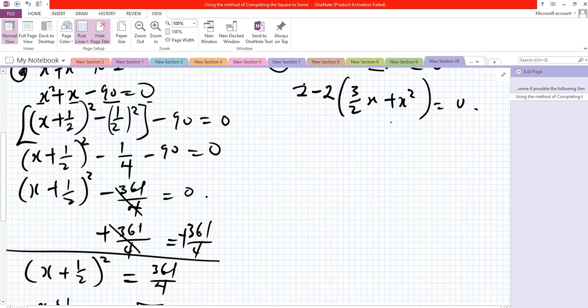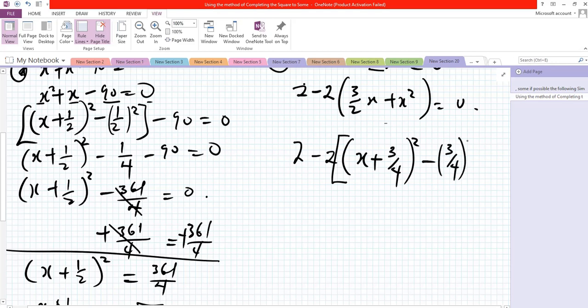Now making this completing the square. Now say 2 minus 2x. So for this to be the complete square, it will be x plus half of this, which is 3 over 4, squared, minus half of this squared, so half of that is 3 over 4 all squared, is equal to 0.